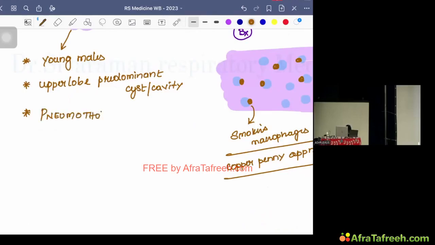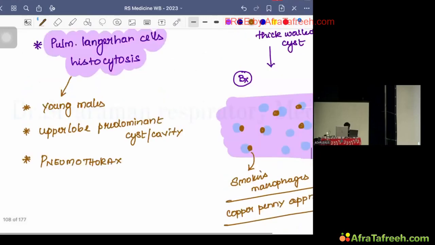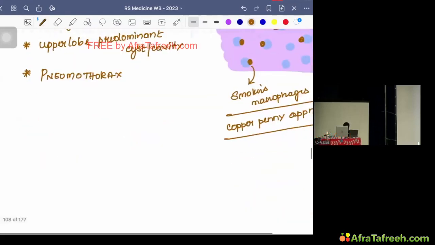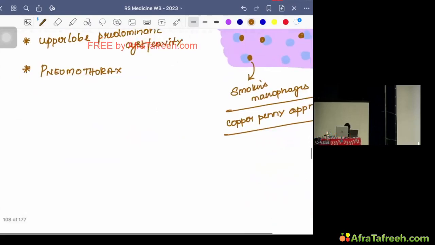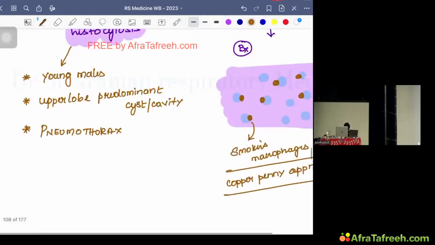So in interstitial lung disease, if they ask about pneumothorax, there are only two possible answers. One is pulmonary Langerhans histiocytosis, and the other we will see a little later. This is seen in the upper lobe.